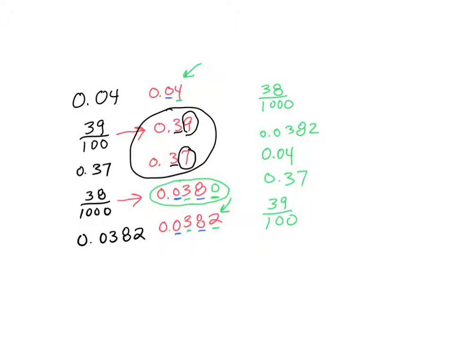So being able to put these numbers in order from the smallest to the greatest makes a lot of sense if you first change everything to decimal form and then follow those same rules.